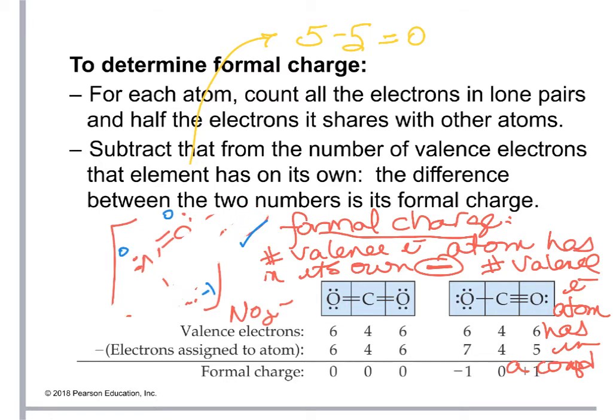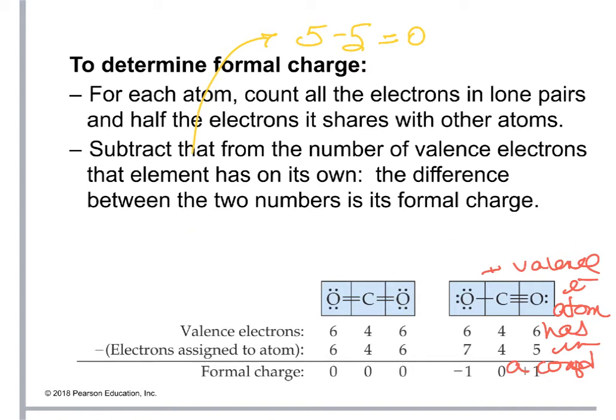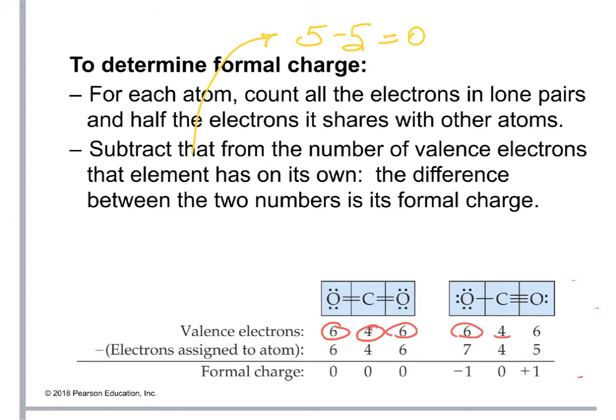Now, there is another example at the bottom of the page. Let's look at carbon dioxide. Alrighty, so the original valence electrons the atom has on its own, that's what all these top rows are. And then the number of valence electrons that the atom has in the compound.